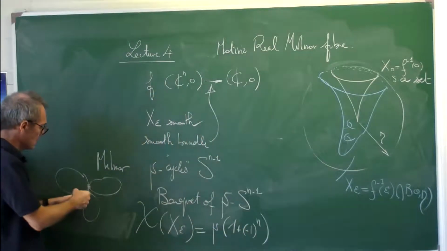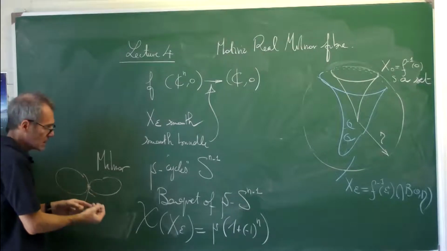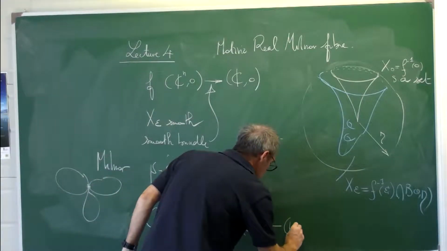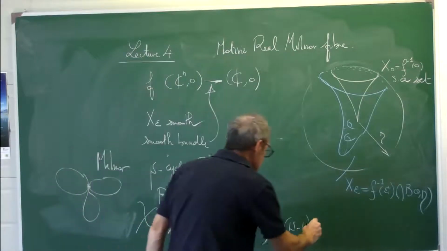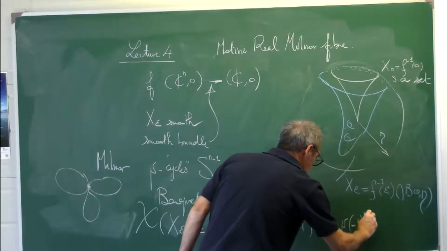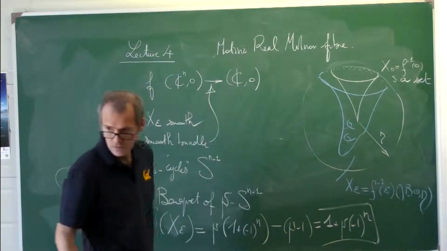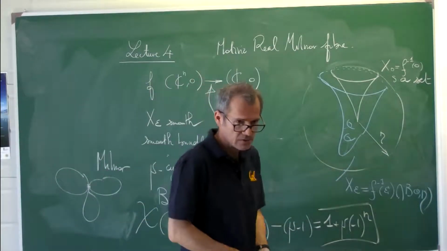But I have to subtract mu minus 1 points. So it gives 1 plus minus 1 to the n times mu. So we know how to compute the Euler characteristic of the nearby fibers.